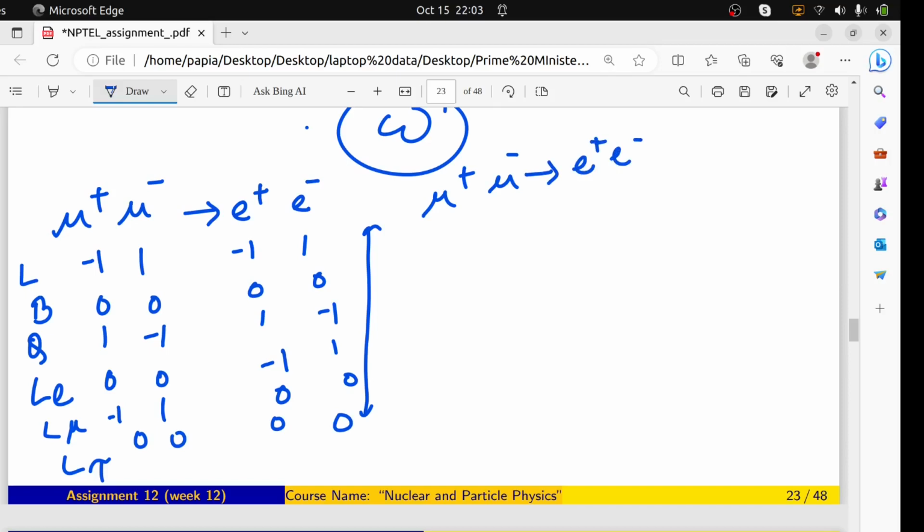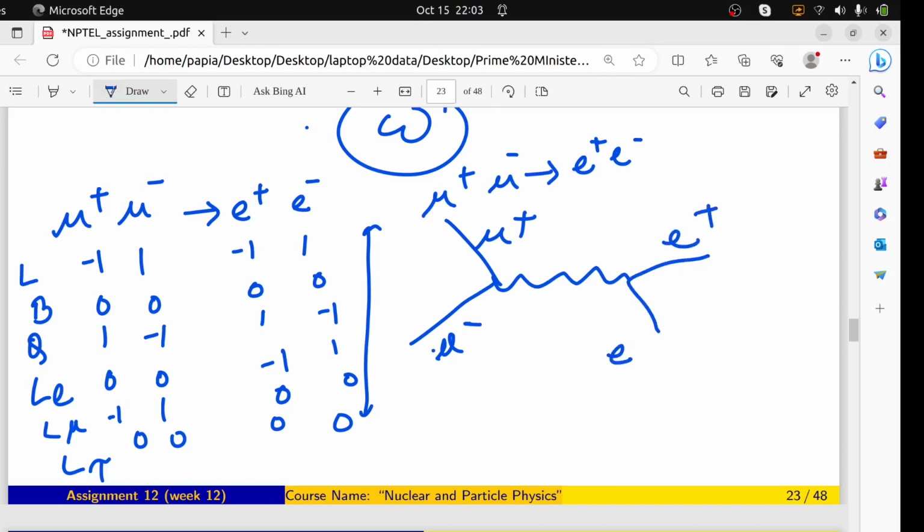So that means mu plus mu minus going to E plus E minus is allowed. Okay, so now we will draw the Feynman diagram for that. How to do the Feynman diagram? Mu plus mu minus, then E plus E minus. Now coming to the vertex here, this is plus 1, this is minus 1.